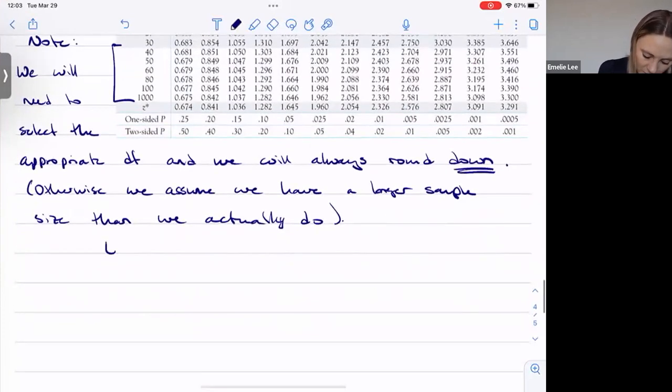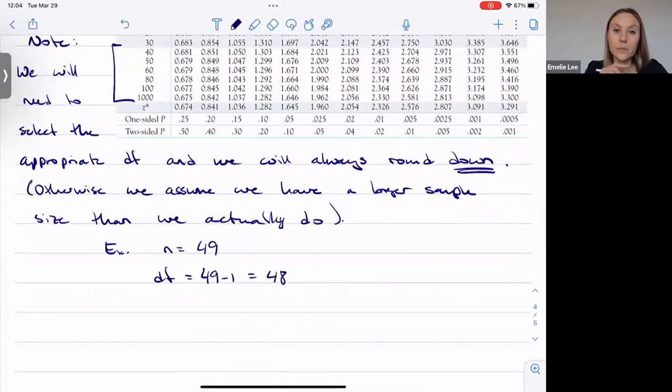For example, if your N is 49, then your degrees of freedom is 49 minus 1, which is 48. And then what we say is, but using 40 degrees of freedom.